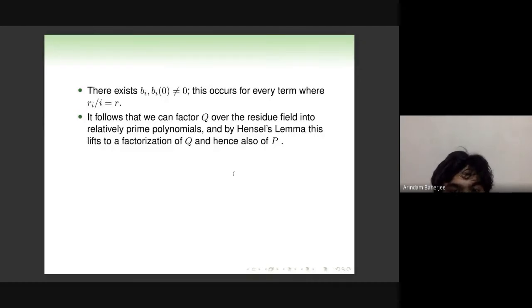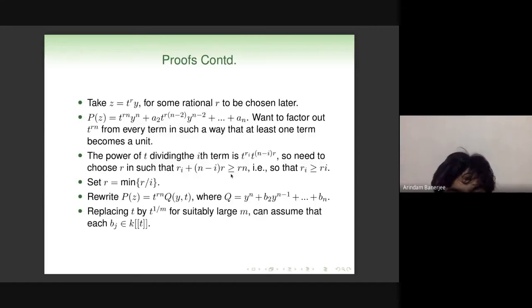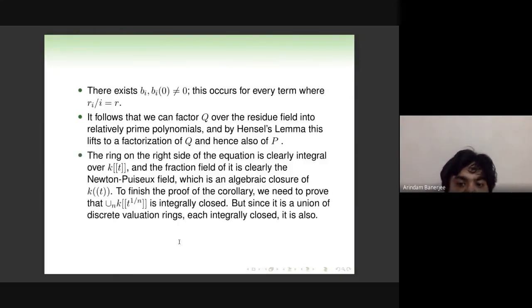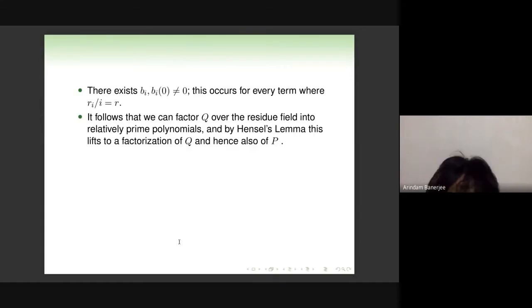It follows that we can factor Q over the residue field into relatively prime polynomials, and by Hensel's lemma, this lifts into a factorization of Q, and Q is just, recall, P(z) times this. So factorization of Q will give us a factorization of P. This basically finishes the proof of the Newton-Puiseux theorem.